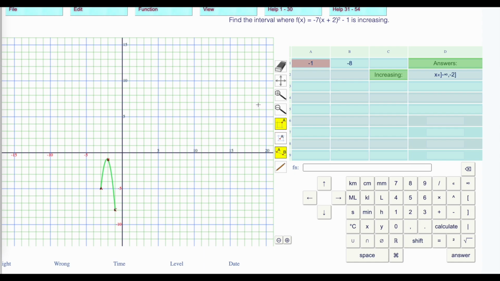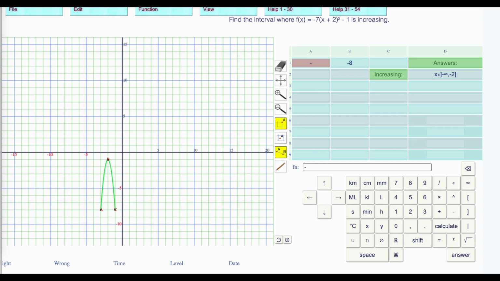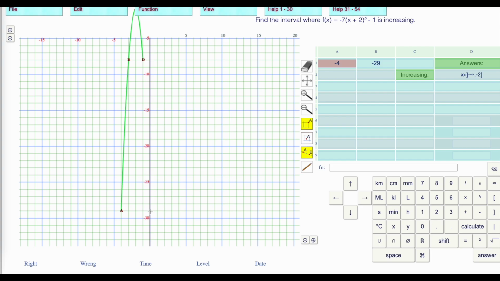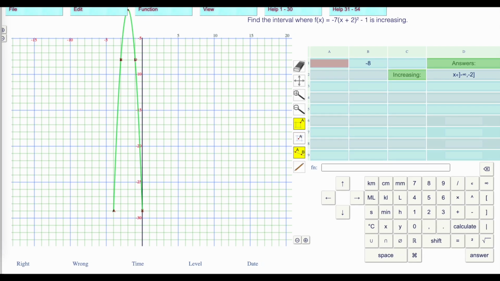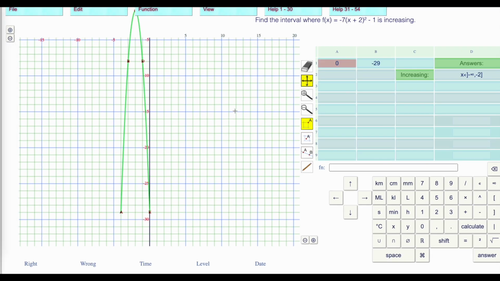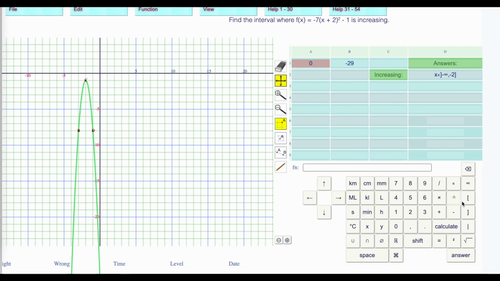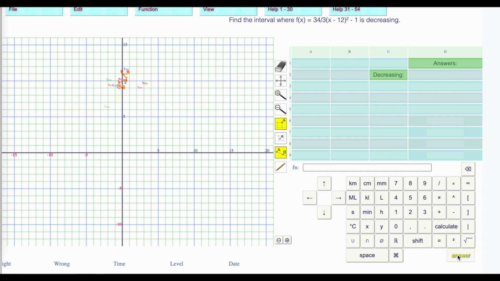When x is -3, we should also get -8. And when x is -4, we're going to get -29. When x is 0, we're also going to get -29. This is what our graph is looking like, and when's it increasing? It's increasing on this arm from negative infinity to this point, this x point, -2. All right, and then we press answer to see if we are right.